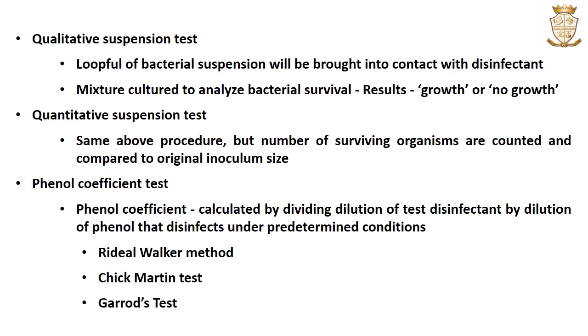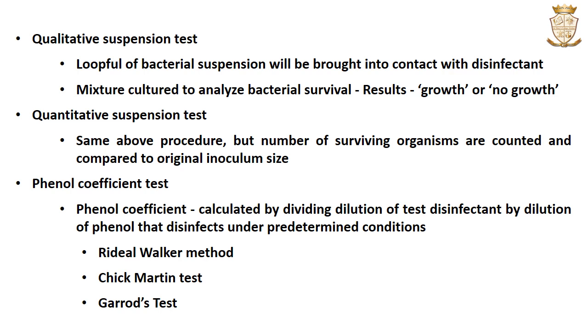Next is the phenol coefficient test. Phenol coefficient is a term used to denote the efficiency of a particular disinfectant. It is calculated by dividing the dilution of the test disinfectant by the dilution of phenol that disinfects under predetermined conditions.